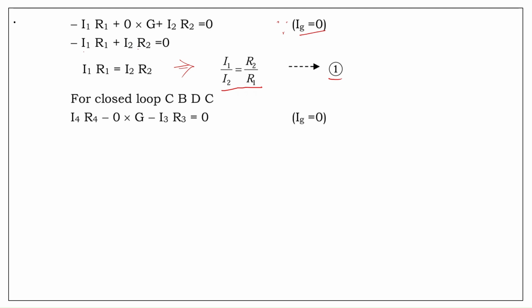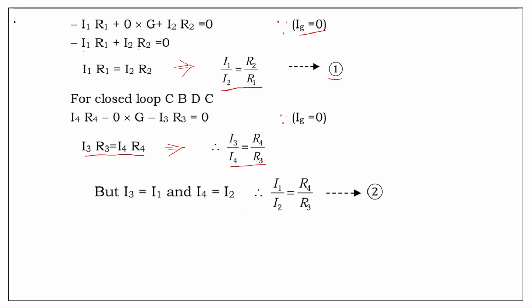For closed loop CBDC: I4R4 - 0 x G - I3R3 = 0, because IG = 0. Therefore, we get I3R3 = I4R4. Rearranging, I3/I4 = R4/R3. But I3 = I1 and I4 = I2.